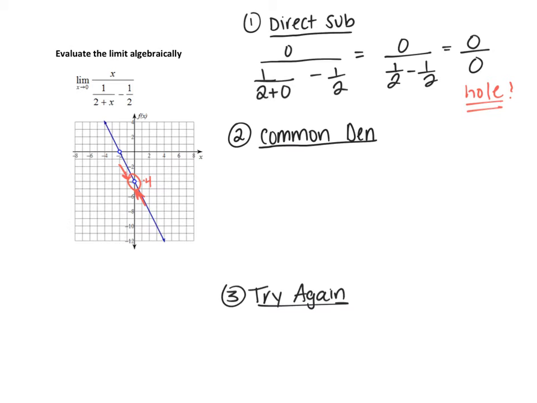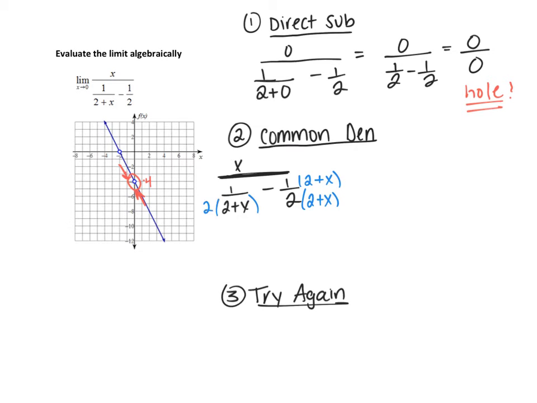So let's see what we have. I'm going to rewrite it over here. So x over 1 over 2 plus x minus 1/2. So this is my bigger fraction, this guy right here. So I need to find the common denominator of this entire denominator. So if we can follow what I did before, this side needs a 2 plus x. Whatever I do to the bottom, I do to the top.